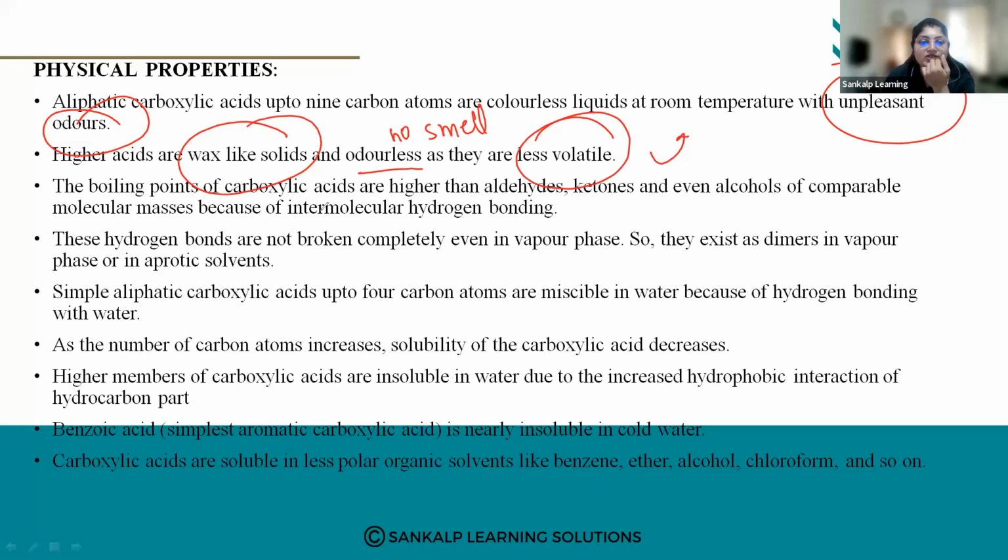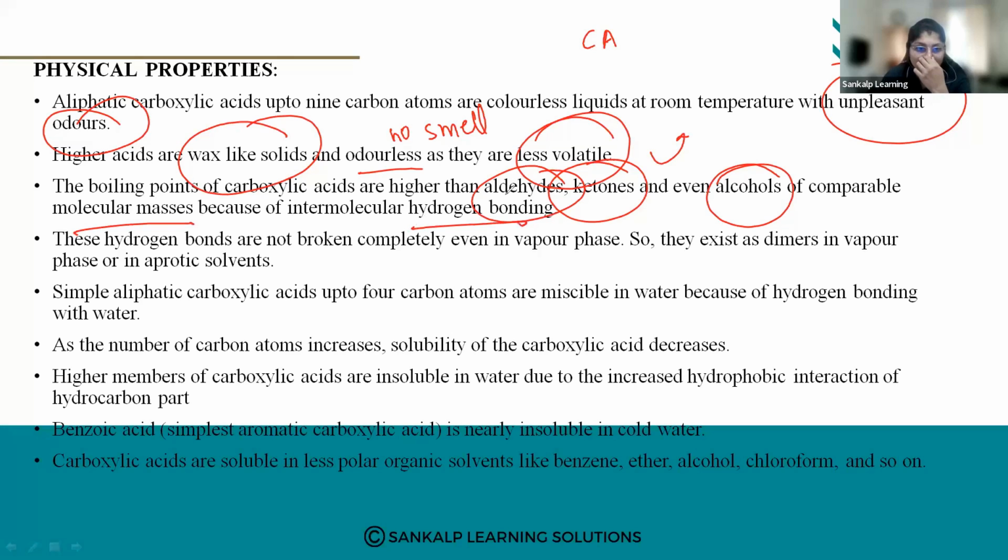The boiling points of carboxylic acids are higher than aldehydes and ketones, and even alcohols, because of comparable molecular masses and because of intermolecular hydrogen bonding.